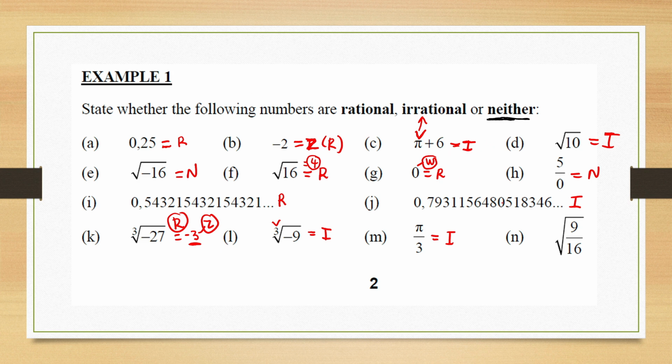Square root of 9 over 16. So the square root of 9 over 16 is basically a rational number. Why is this a rational number? So the square root of 9 over 16 is basically the same as 3 over 4, which is a fraction.